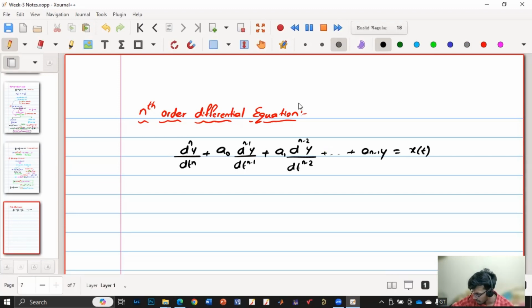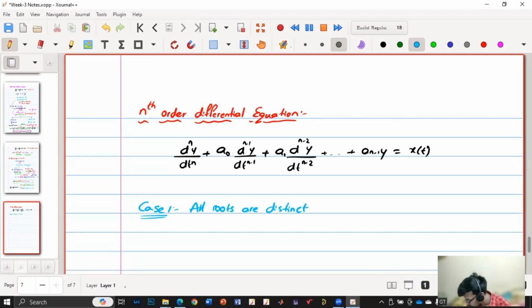Say we are again assuming case 1, where all roots are different, or all roots are distinct. So now what will be the y of t?